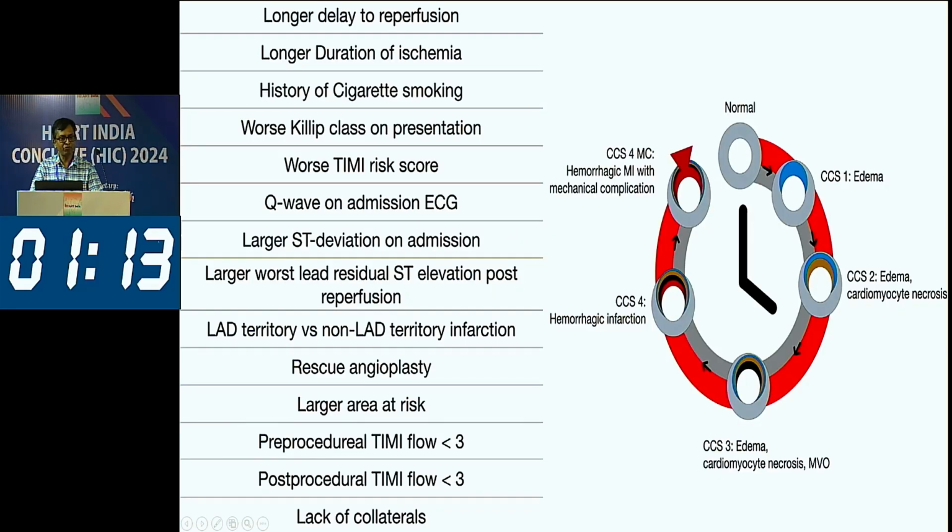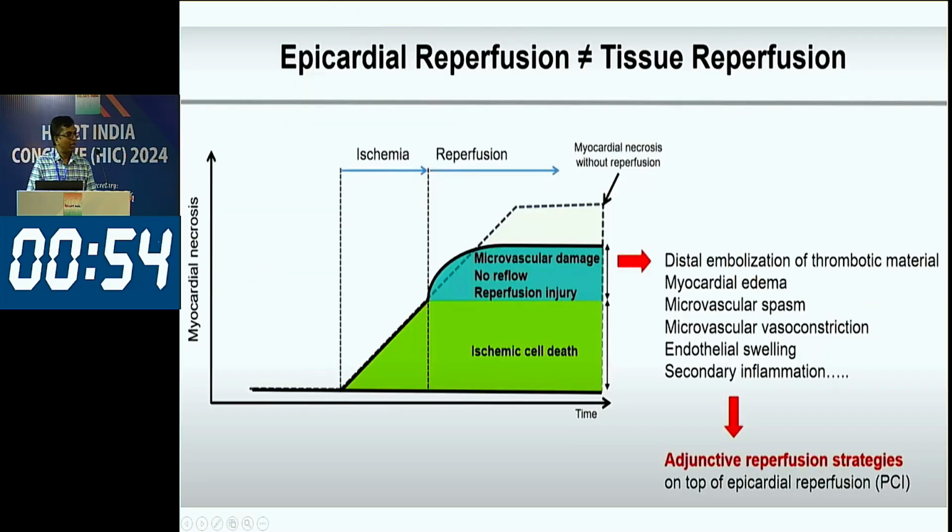Longer delay to reperfusion, longer duration, history of smoking, worse Killip class, worse TIMI score, Q waves on ECG, larger ST elevations, LAD territory, rescue angioplasties, post-procedural low TIMI flow or lack of collaterals are basically markers for severe injury. Now see, epicardial perfusion doesn't mean that the patient also has good tissue reperfusion. Actually, time is very important.